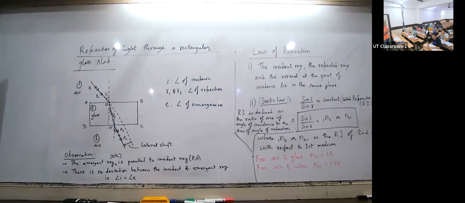What are the two surfaces of the glass slab where the refraction is taking place? AB and DC. The pair of media is the same: at the first surface it is air to glass, at the second it is glass to air. So the refractive index has to be constant.